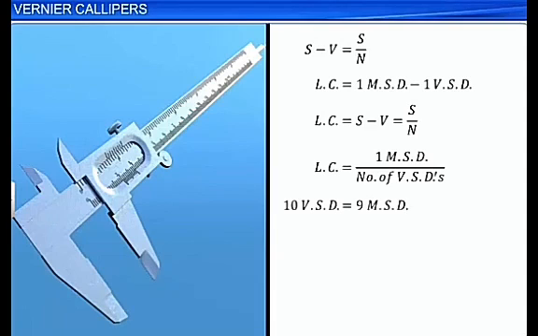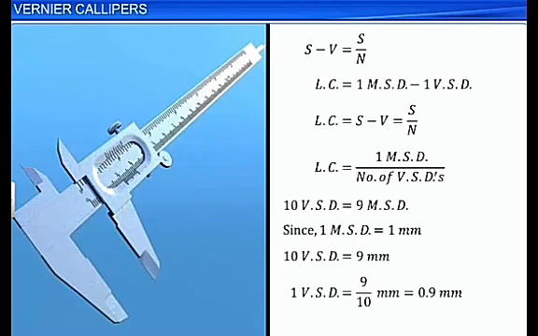Generally, in a standard vernier calipers, 10 vernier scale divisions coincide with 9 main scale divisions. Since the length of each main scale division is 1 millimeter, 10 divisions on the vernier scale are equal to 9 millimeters. Therefore, the value of one vernier scale division is equal to 9 by 10 millimeter, which is equal to 0.9 millimeter.